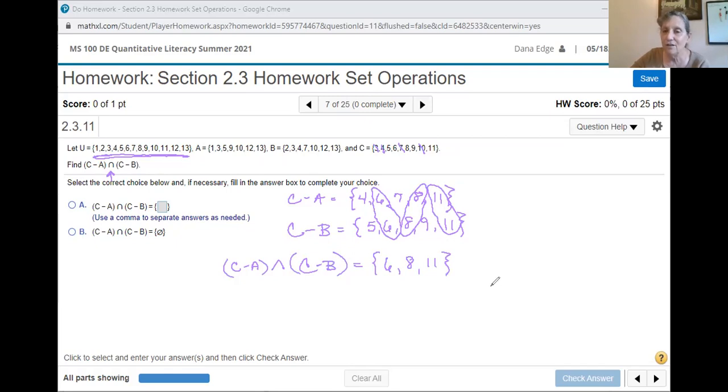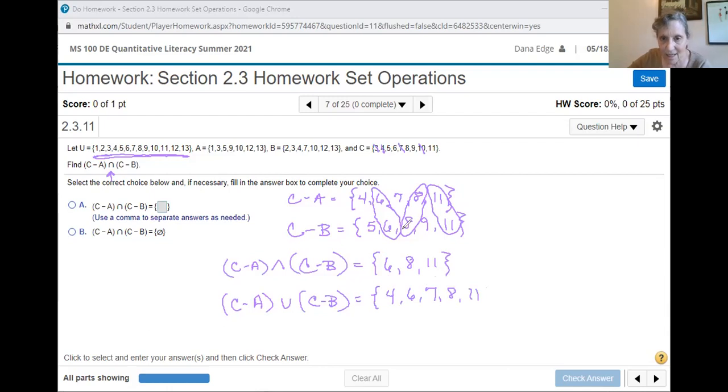If it had asked for the union, then I would just copy down the first set and then include anything that was in the second set that wasn't already written down. So the union of these, which they're not asking for, granted, but if it said the union of these, I would write down one of the sets, 4, 6, 7, 8, and 11.